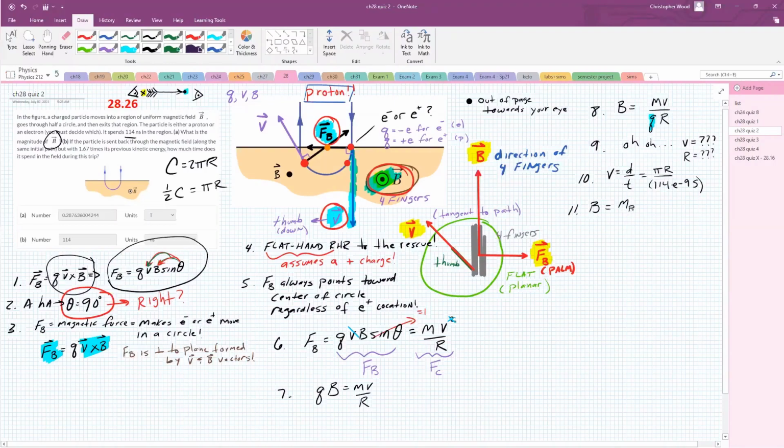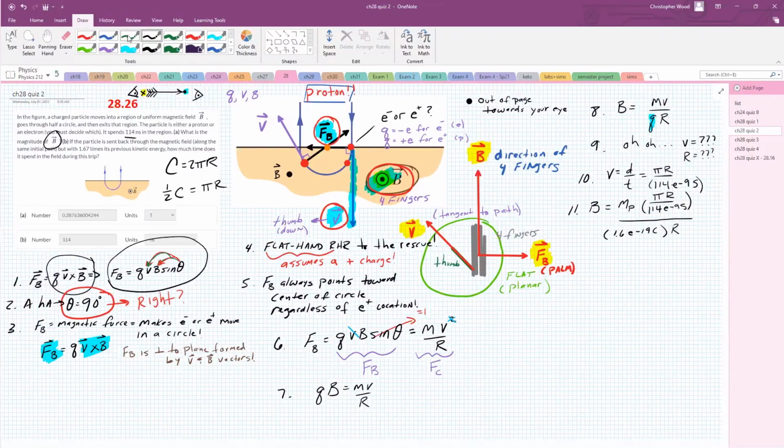Maybe I put mass of a proton times V, and V is pi times R all over that 114 nanoseconds. Okay, that's my M times V all over Q, which is 1.6 times 10 to the minus 19th coulombs times R.